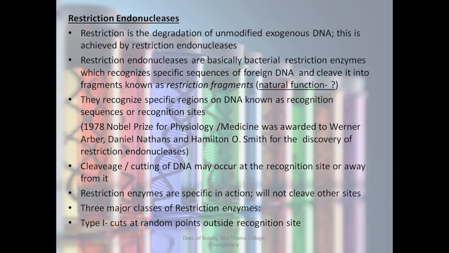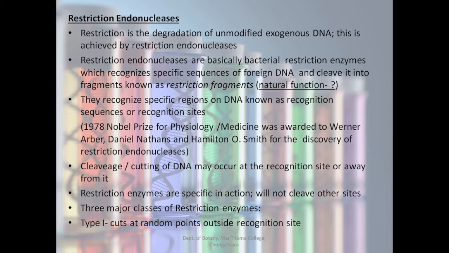The bacteria use this to recognize specific sequences of foreign DNA and cleave it into fragments, and these fragments are known as restriction fragments. So this means restriction endonucleases are present naturally within the bacterial cell to provide a defense mechanism for them.